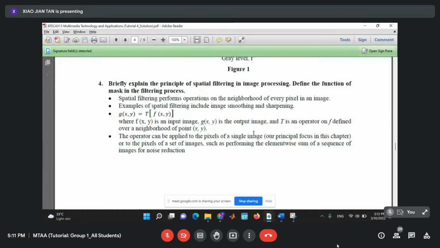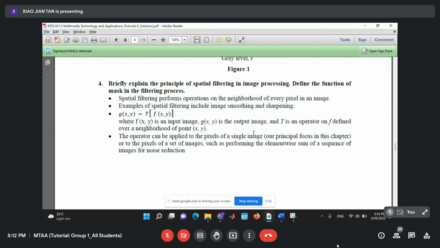You have to highlight that it does not only consider the current or center pixel, but also any adjacent pixel. Examples of spatial filtering include image smoothing and sharpening. Image smoothing would be blurring, and sharpening would make the image sharp.